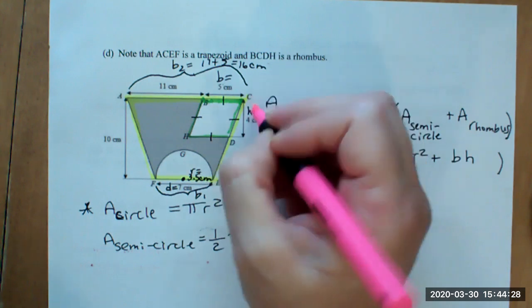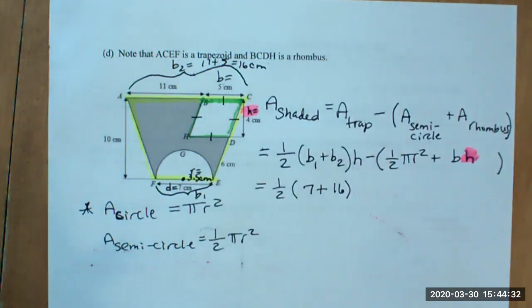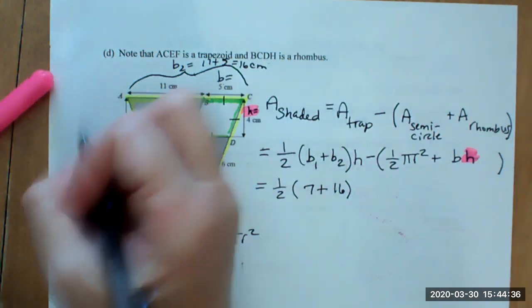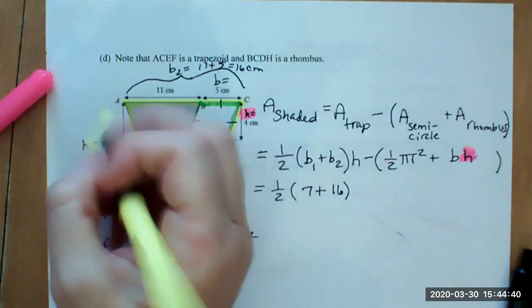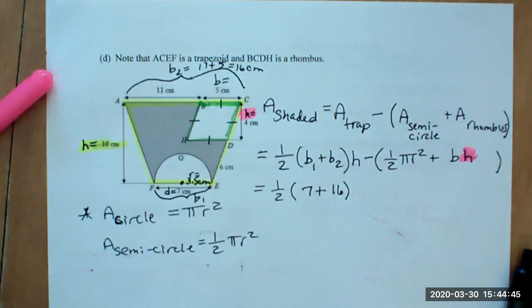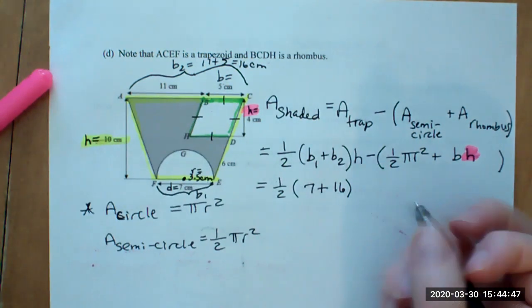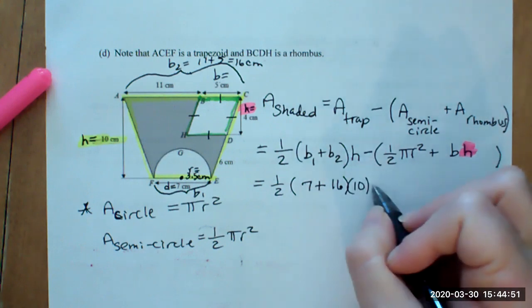Here, this value of h is for the rhombus, okay? And now for the value of h over here, this is the value of h for the trapezoid. So that's a different h that I'm looking at there, okay? And so the height that I want to use here for the trapezoid is 10 centimeters. Be very careful with that.